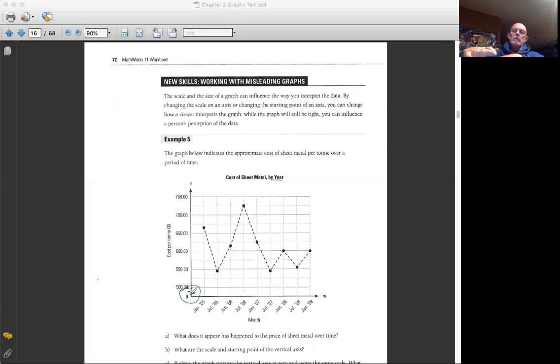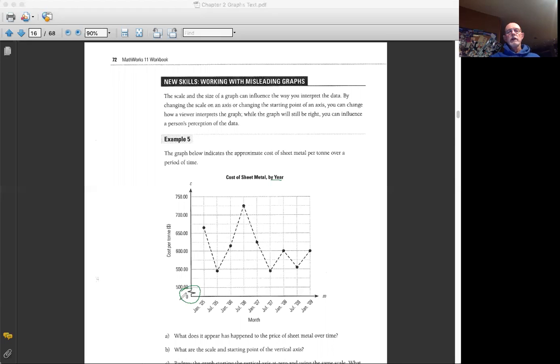Now, why is that misleading? Well, in a way, it gives a better understanding of what's happening at the top, but it doesn't give an overall view of what the price is generally. How much has it fluctuated overall?